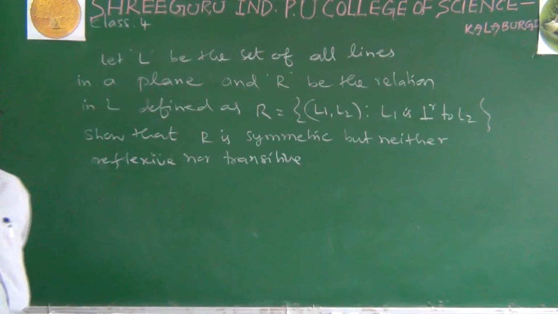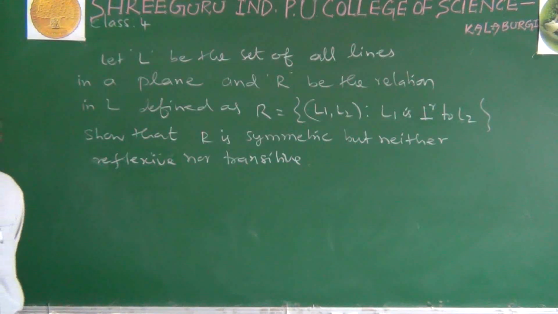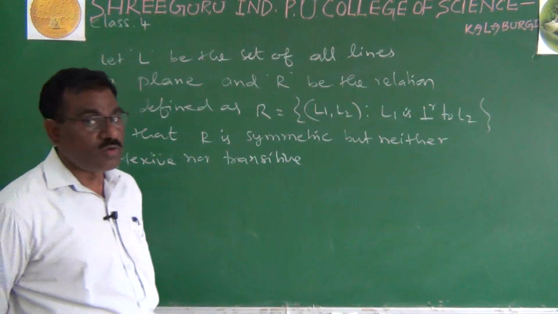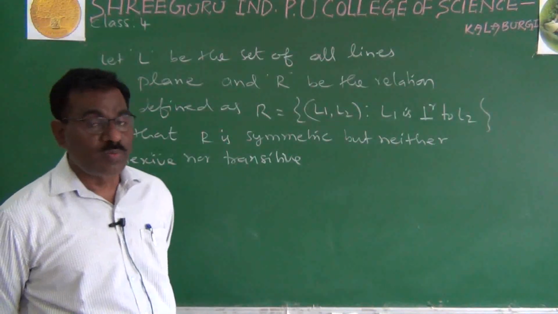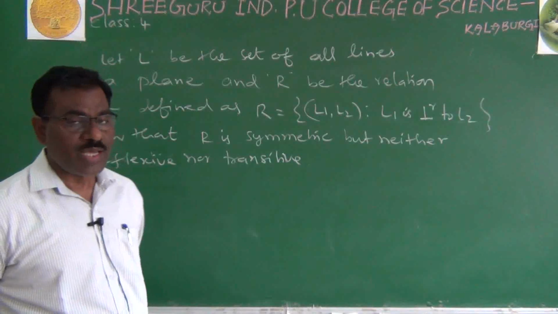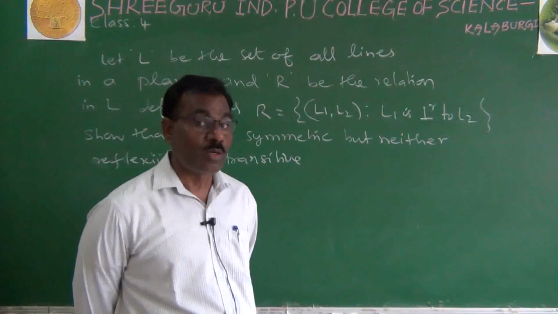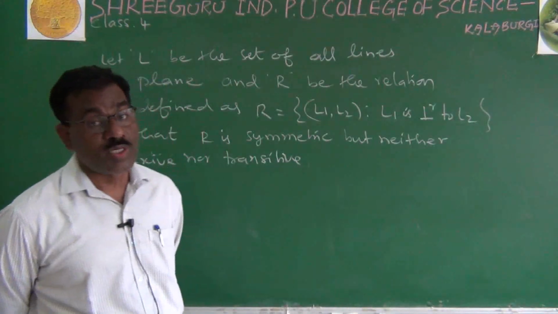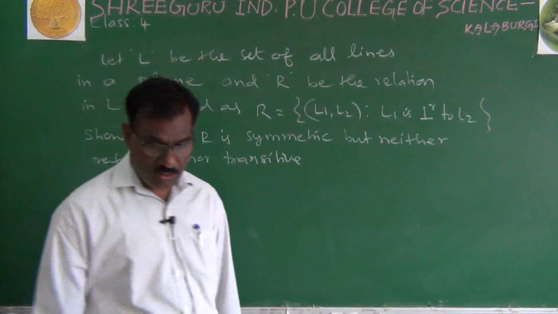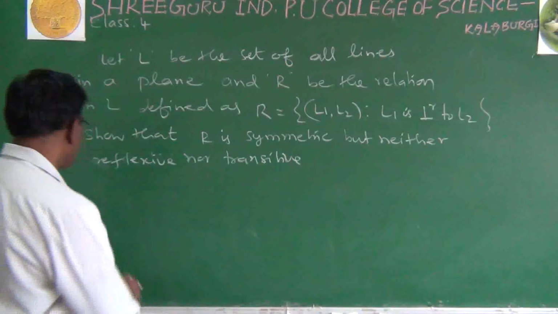In perpendicular, only one condition is satisfied, that is symmetric, because if L1 is perpendicular to L2, then L2 is perpendicular to L1. But a line itself is not perpendicular to itself, so it is not reflexive. A line is parallel to itself but not perpendicular. Transitive is also not satisfied. I will explain one by one.